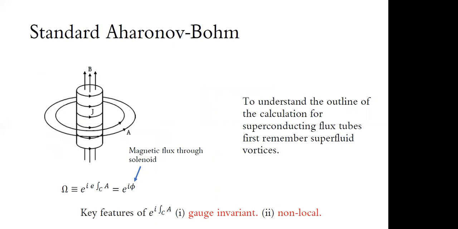Now, this is the standard Aharonov-Bohm effect, and the Aharonov-Bohm phase is actually proportional to the amount of magnetic flux that is inside the solenoid.